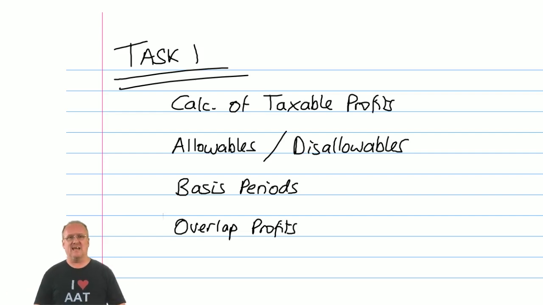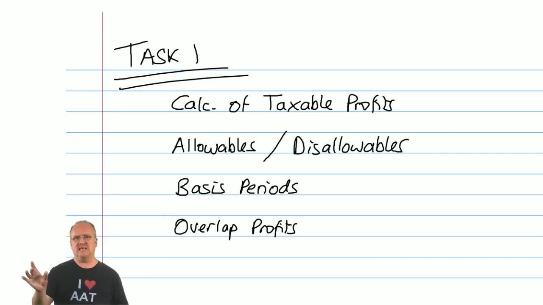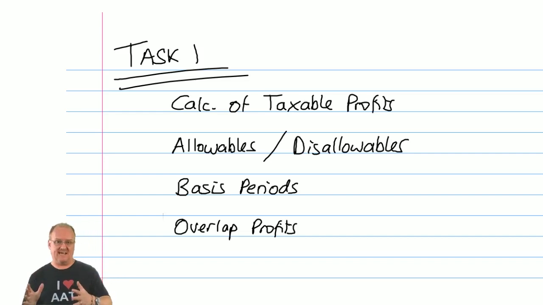And basically every single tax year that runs from the 6th of April through to the following 5th of April, for every tax year you're going to be taxed on something. The basis periods thing that we'll be looking at a little bit later on is all about working out which accounting year or which part of an accounting year is going to be taxed in any given tax year.